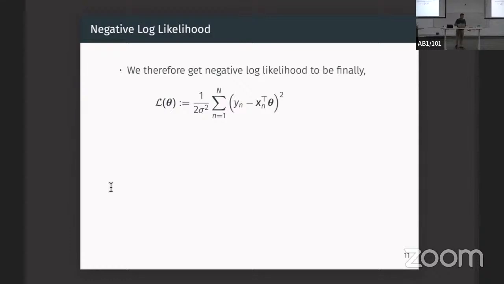What does this remind you of? So this is yn, and what is this thing? This is f of x or y hat. Can we just call it y hat of the nth point, right?